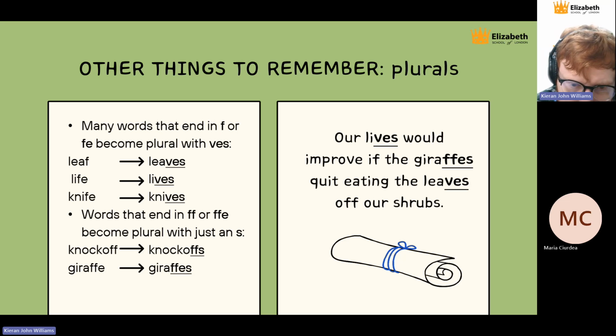And then we have leaves. It finishes with an F, the original word leaf, so we remove the F and add VES. Okay, crystal clear? Yeah, it's clear. Okay, all right, so we'll try to remember those ones. So luckily, that is the end of plurals.